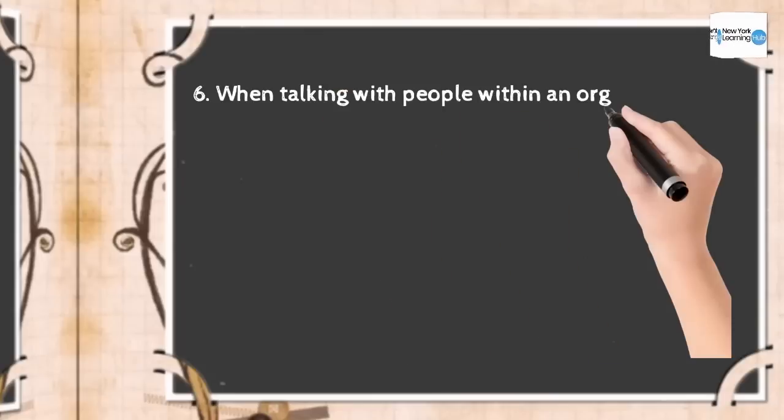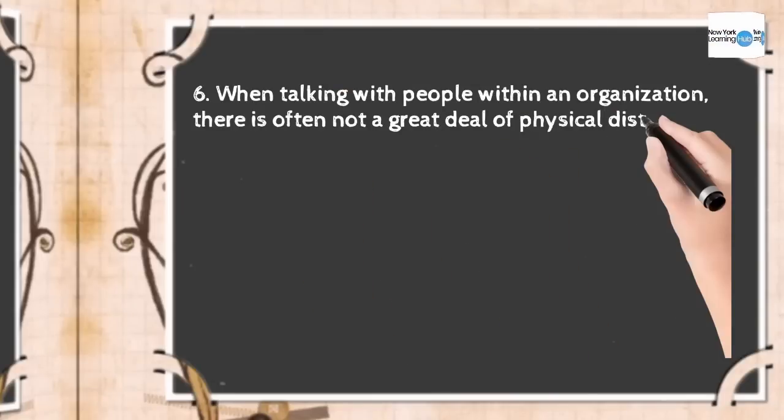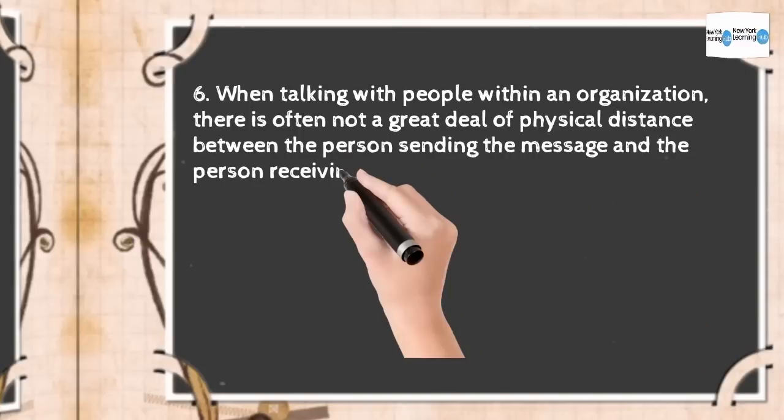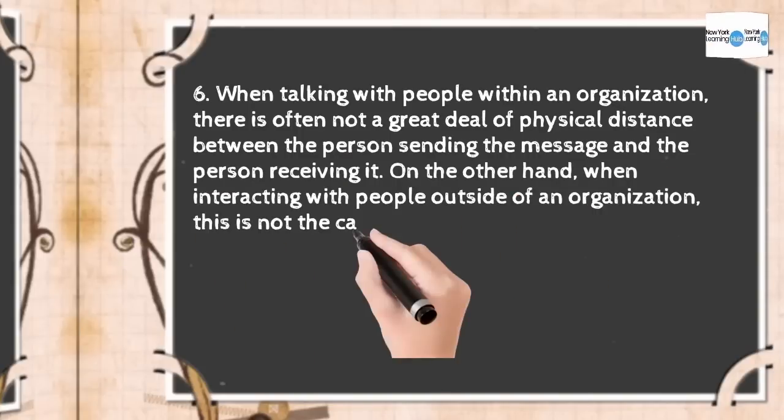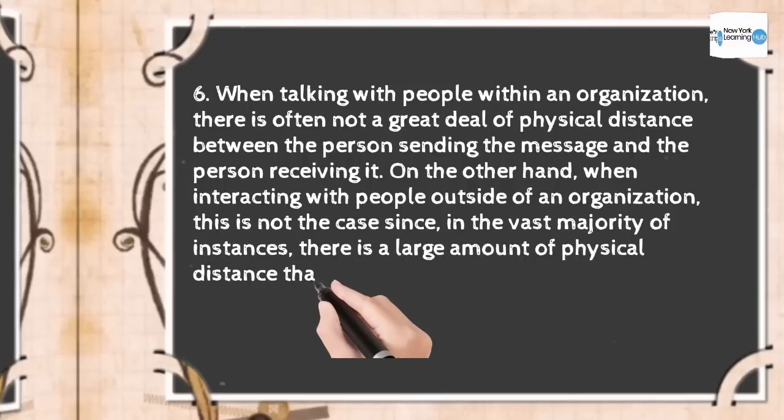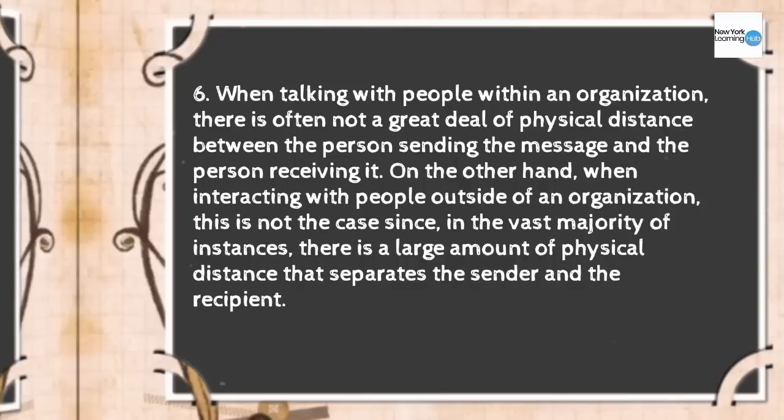5. When talking with people within an organization, there is often not a great deal of physical distance between the person sending the message and the person receiving it. On the other hand, when interacting with people outside of an organization, this is not the case, since in the vast majority of instances, there is a large amount of physical distance that separates the sender and the recipient.